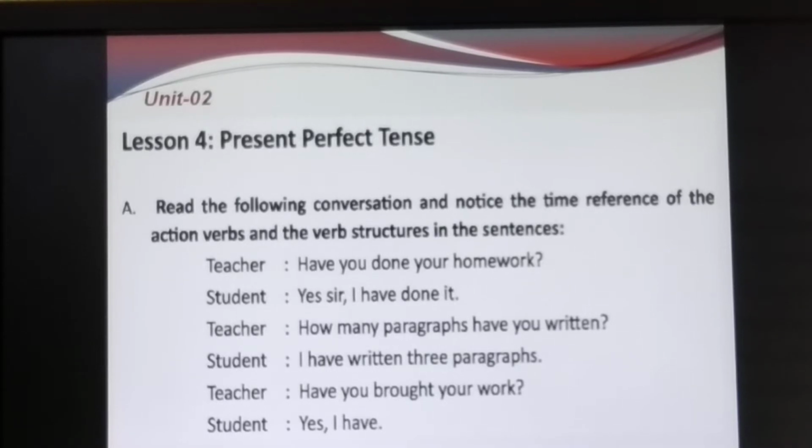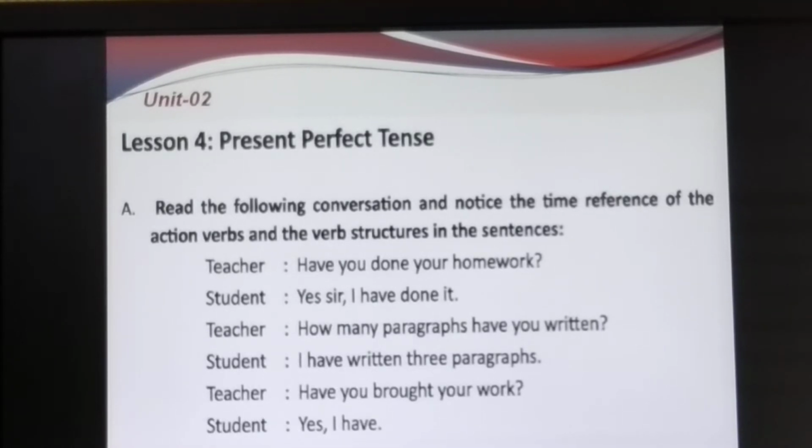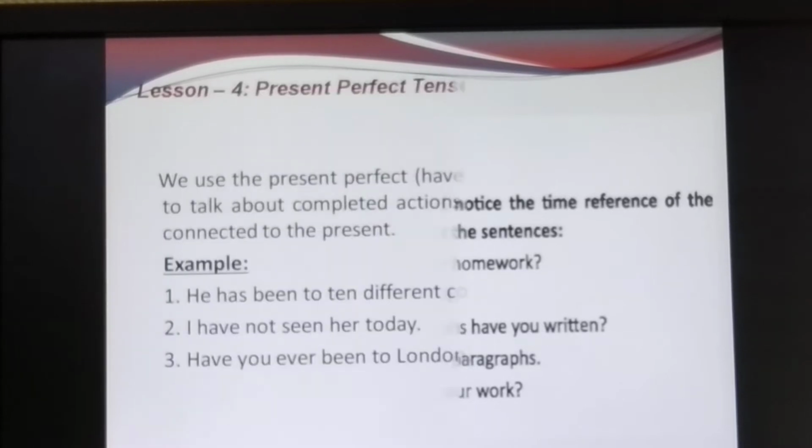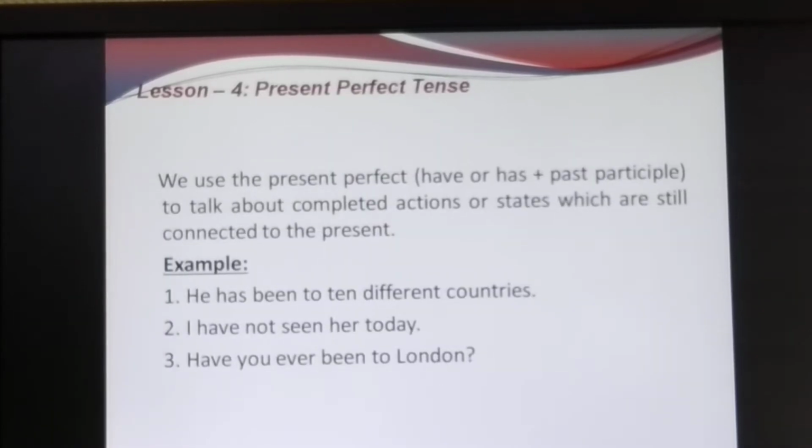So, my dear students, from this conversation, you will notice that each verb in the dialogue mentions a completed action. The action is over, but there is still some effect of the action now. These are examples of present perfect tense. So now we will know the details about present perfect tense.